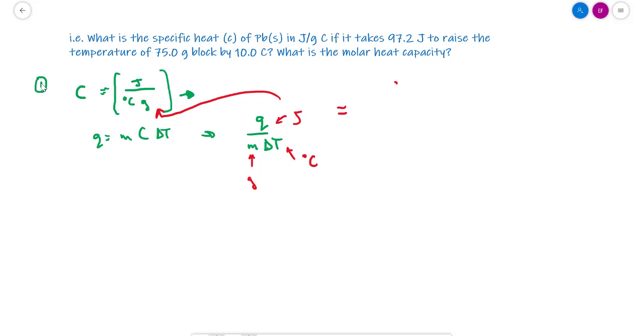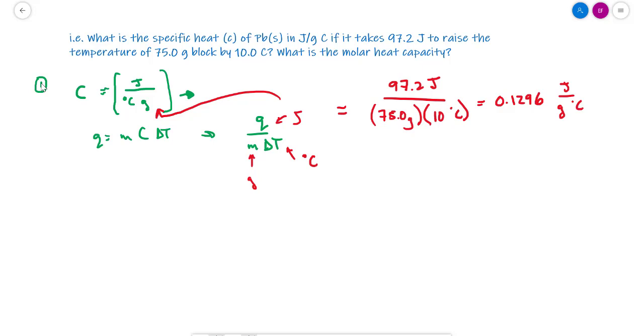So either way, this is what the specific heat is. That means we need the heat, which was 97.2 joules, that was required to raise the temperature of a 75.0 gram block by 10 degrees C. If we compute this, it's going to give us a value of 0.1296, and that's going to be in joules per gram degree C. If we want to keep to sig figs here, I think we've got 3.